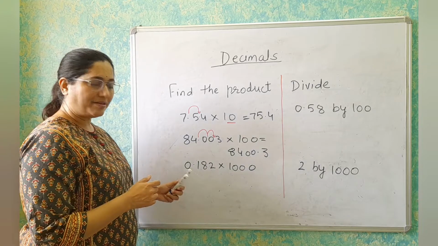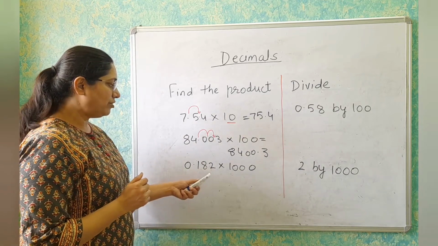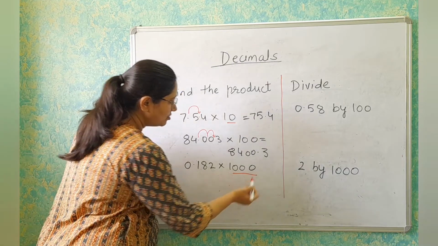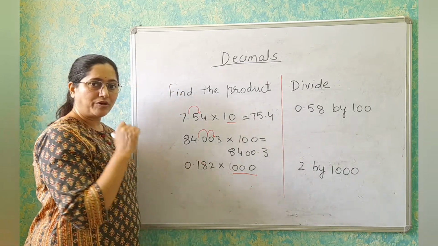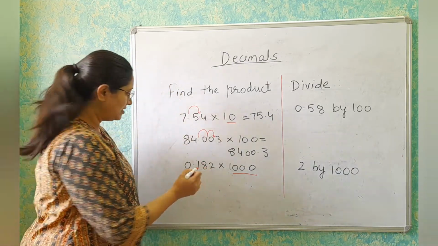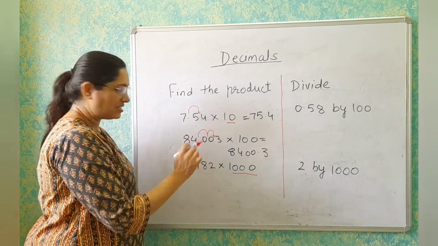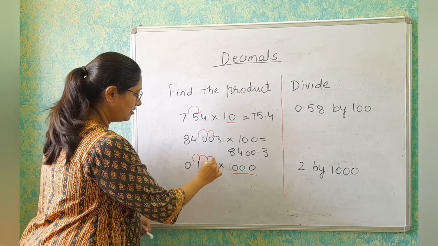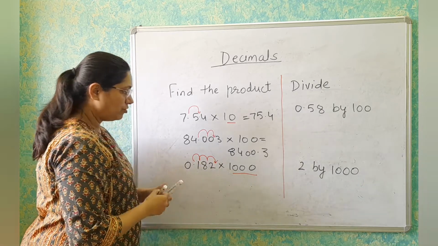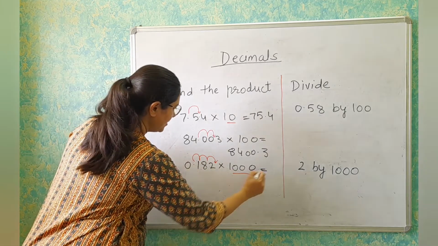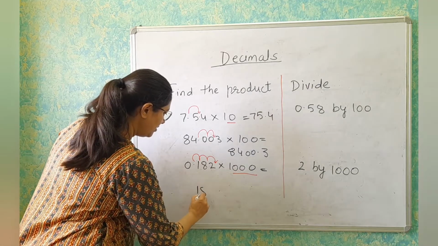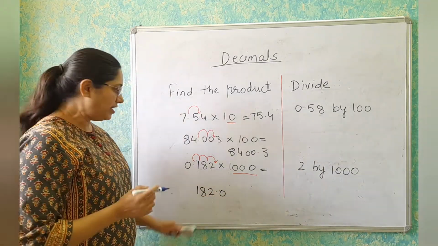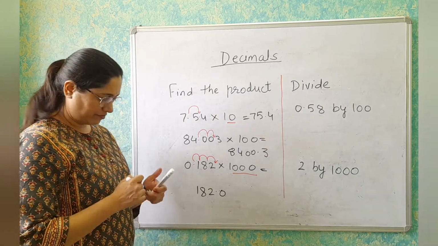In our third example, 0.182 multiplied by 1000. 1000 has three zeros. So again our decimal point will shift up to three places on the right hand side only. 1, 2 and 3. So our answer will be 182.0, or simply you can say 182.